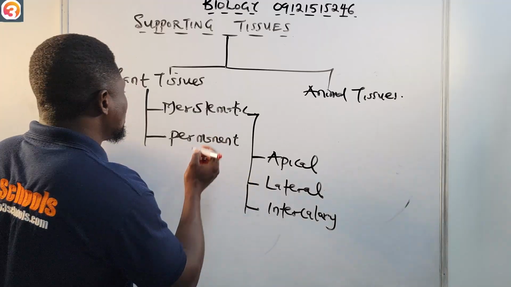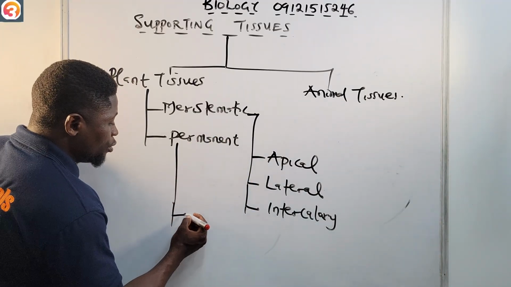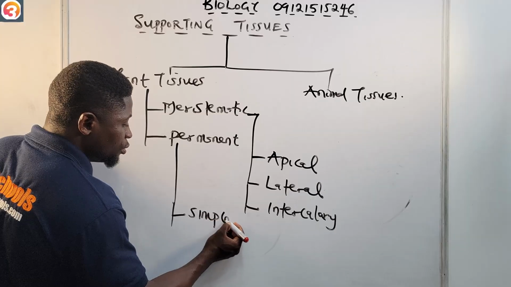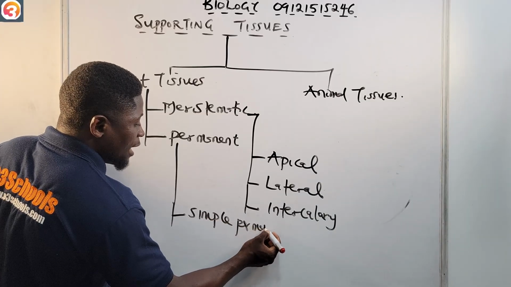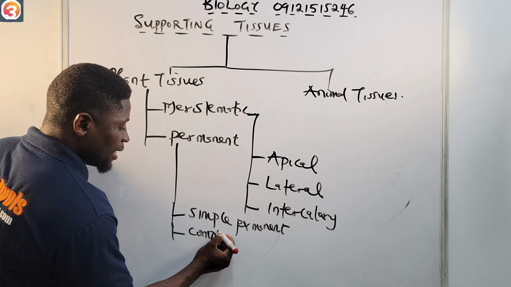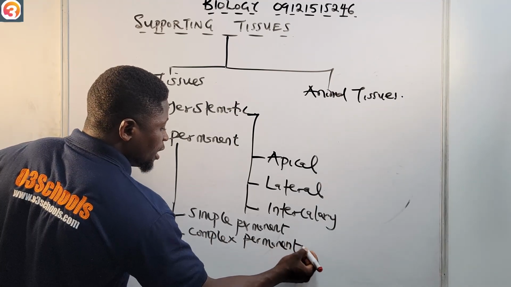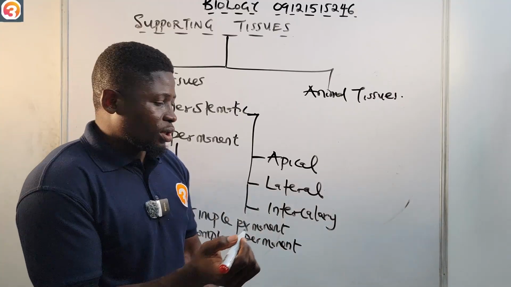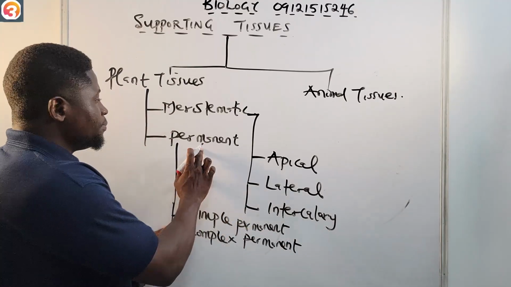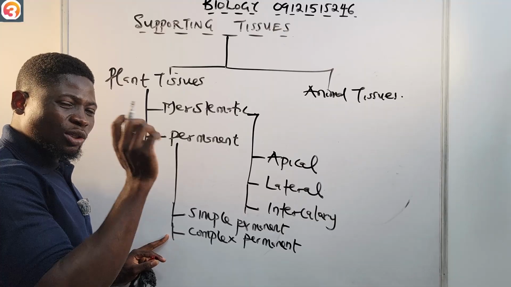Permanent tissues are also divided into two. We have the simple permanent tissue. Then number two, we have the complex permanent tissues. Now the simple permanent tissues are divided into three.